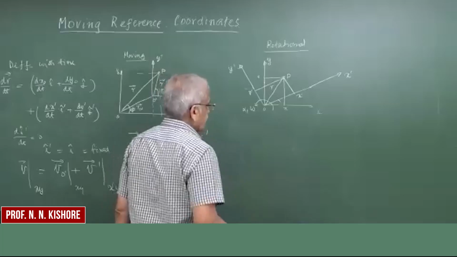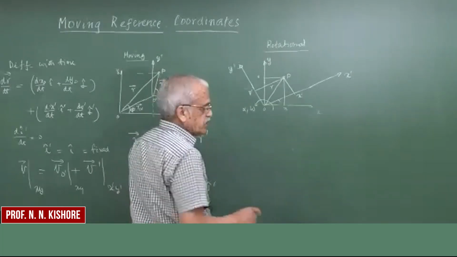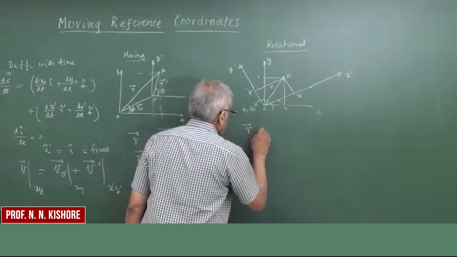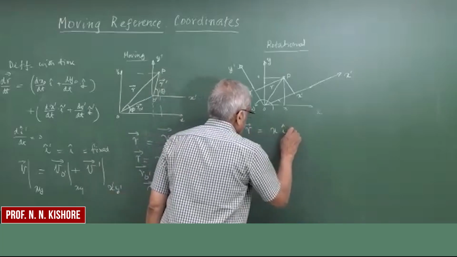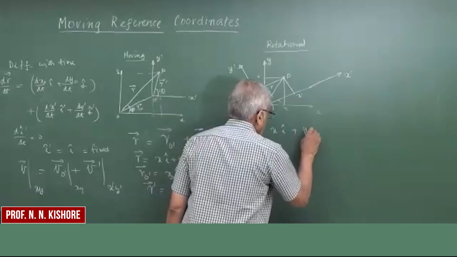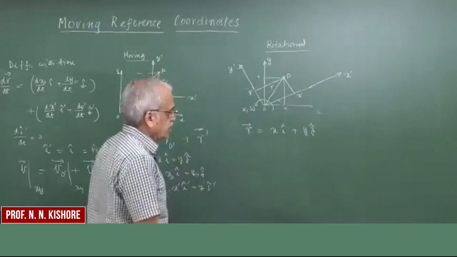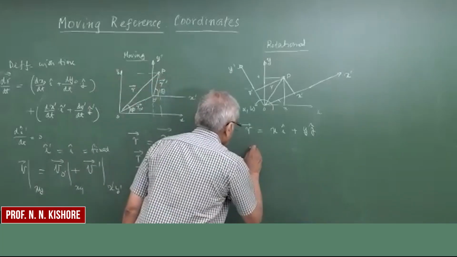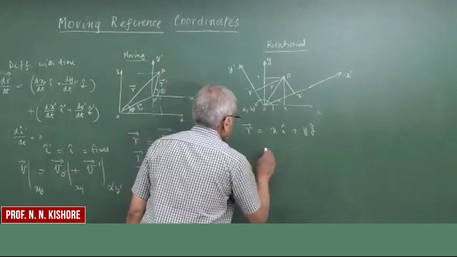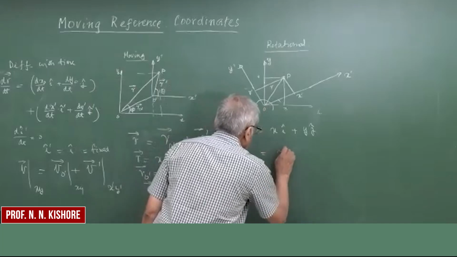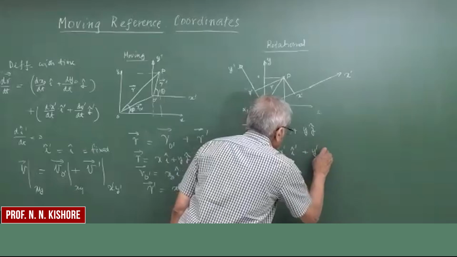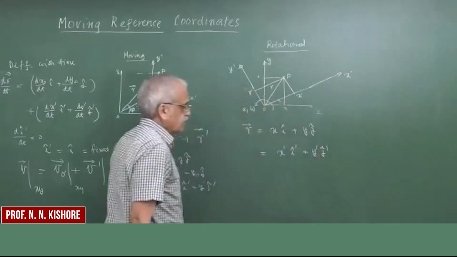If this is so, then what can we say here? r is observed as xi plus yj, as well as, if you call it r prime, it is also observed as x prime i prime plus y prime j prime.